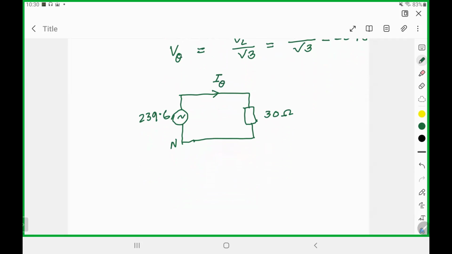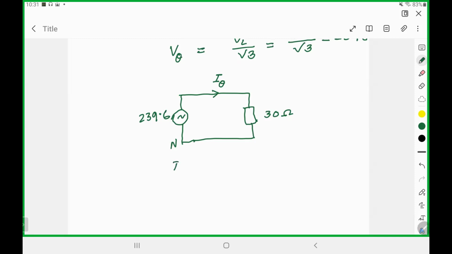And then we can write down the line current. What would be the value?